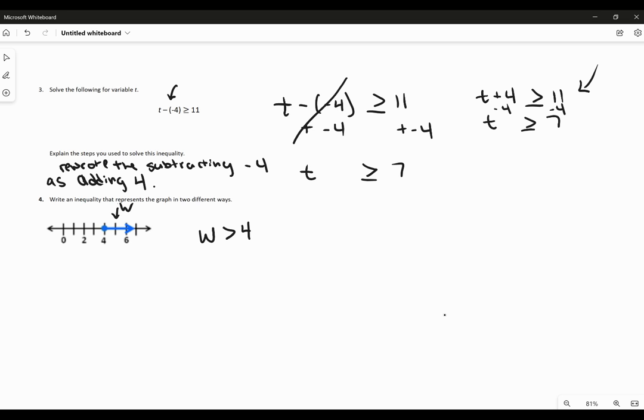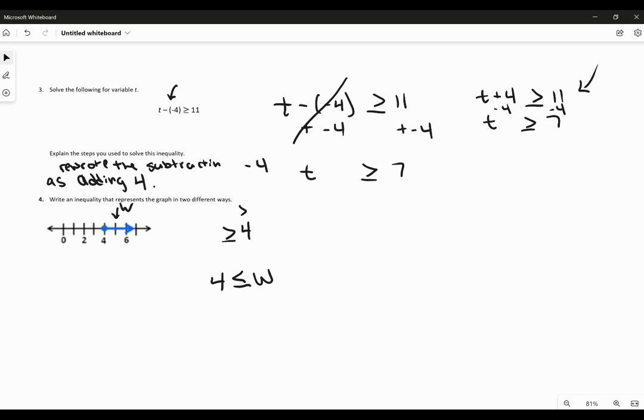Does it contain 4? Yes, it does. So one thing about inequalities is you can read them from left to right. They're also true if you read them backwards from right to left. So 4 is less than or equal to W, like a mirror image almost of that.